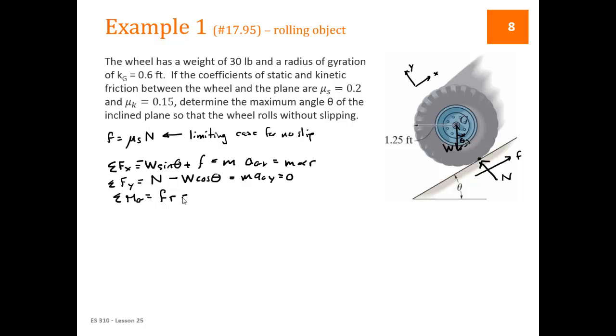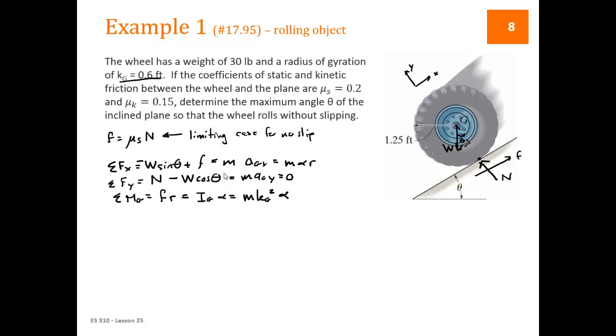And that then is going to equal I around G times alpha. And I around G, if we treat this wheel as a cylinder, is equal to the mass times kG squared, where kG is the radius of gyration that's given in the problem.